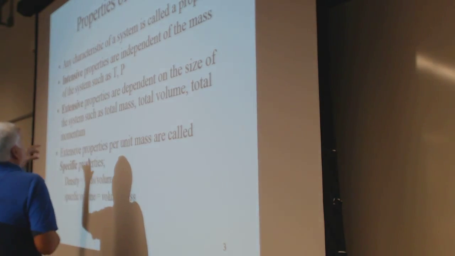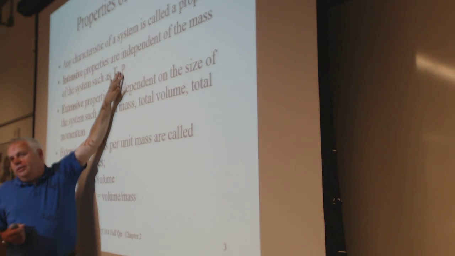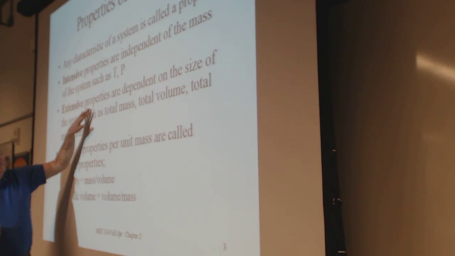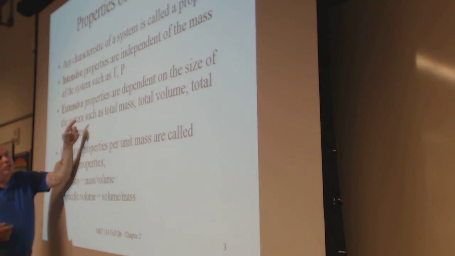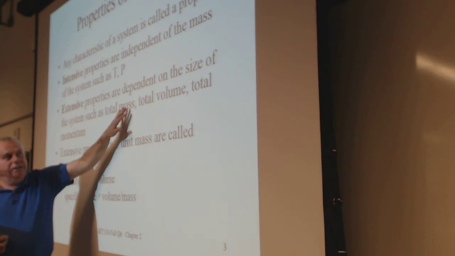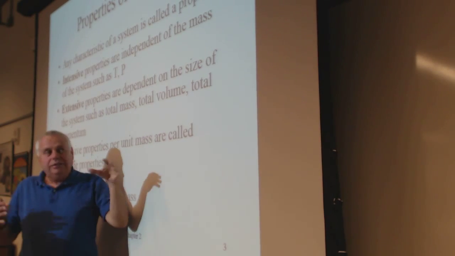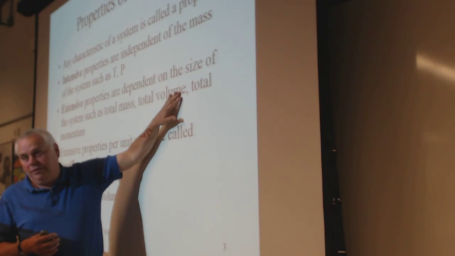So there are intensive properties. Temperature and pressure are not necessarily related to the mass of the system, it just is. But there are extensive properties that depend on the extent of the system. So the total mass depends on how much mass you have. The total volume would probably depend on the mass. How much gas you have at a certain density is going to determine what the volume is, or vice versa.